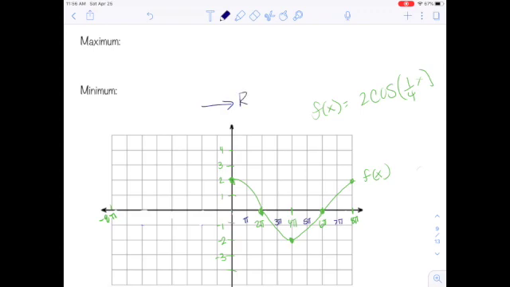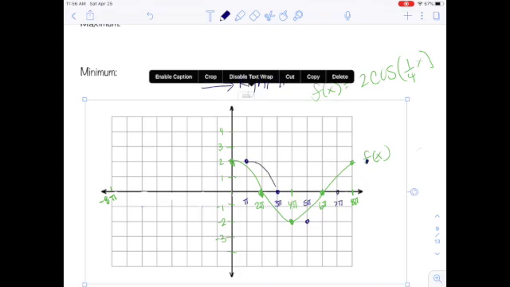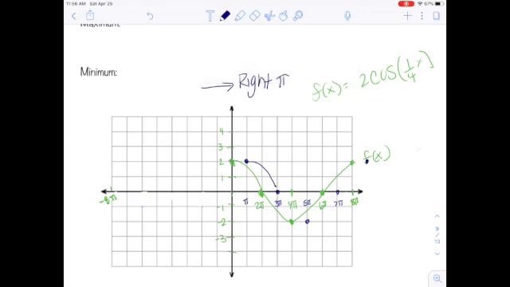So shift everything to the right pi, to the right pi, to the right pi, and right pi. All right, give it a graph.